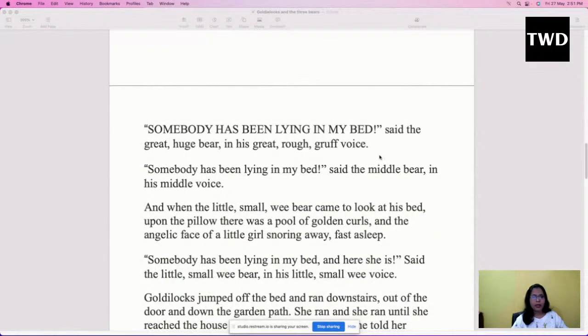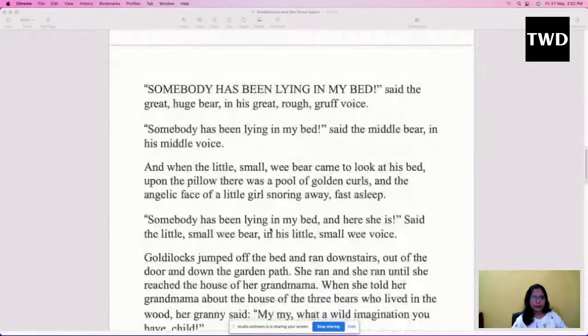"Somebody has been lying in my bed," said the great huge bear in his great rough, gruff voice. "Somebody has been lying in my bed," said the middle bear in his middle voice. And when the little small wee bear came to look at his bed, upon the pillow there was a pool of golden curls and the angelic face of a little girl snoring away fast asleep.